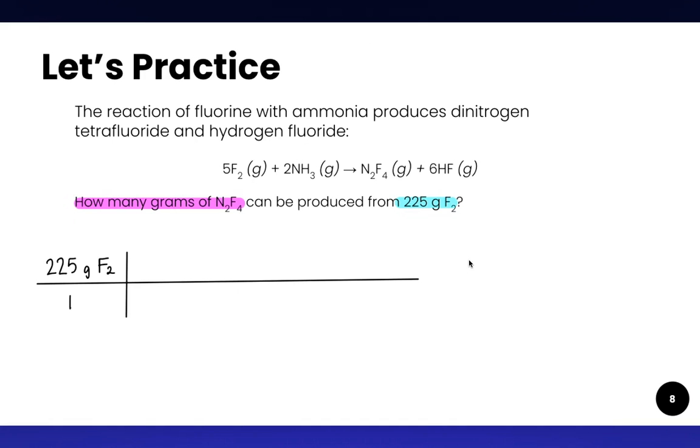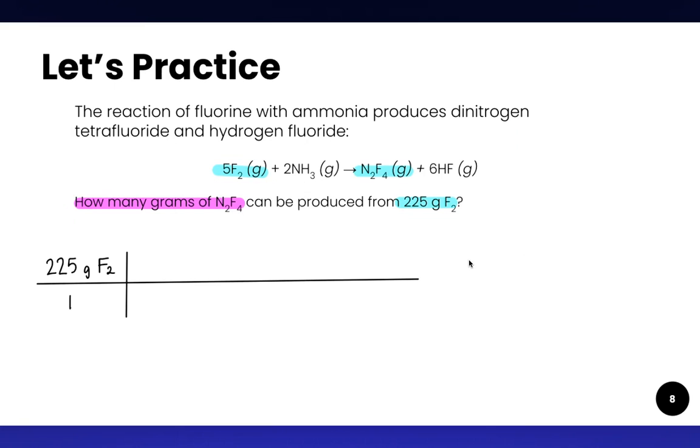Now, just like last time, we are using this balanced equation where we have this reactant and we want to know how much of this product is being produced, but we cannot put that molar ratio into our calculation until we have fluorine in moles.